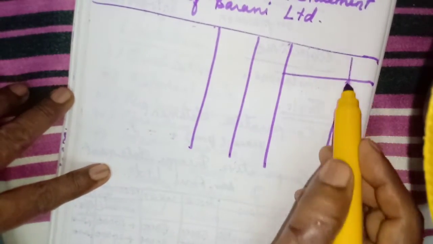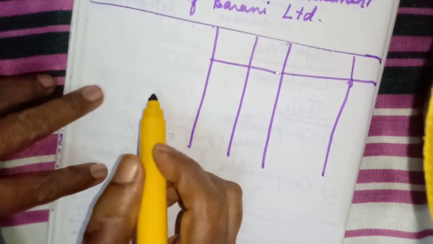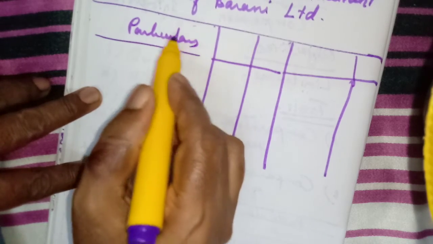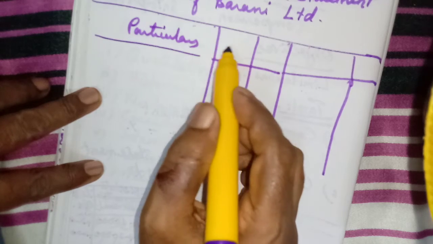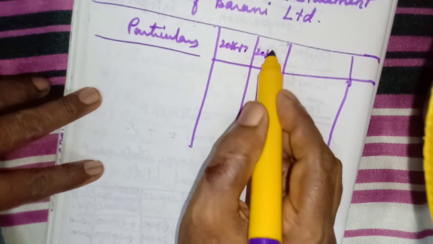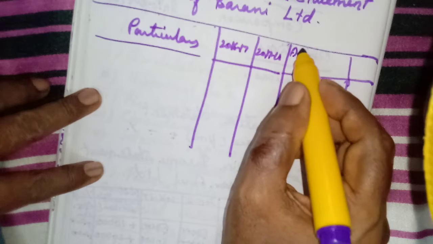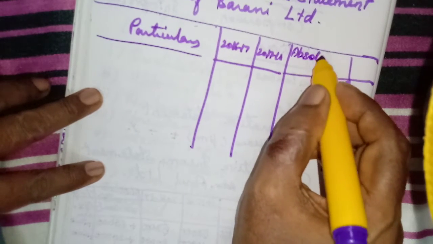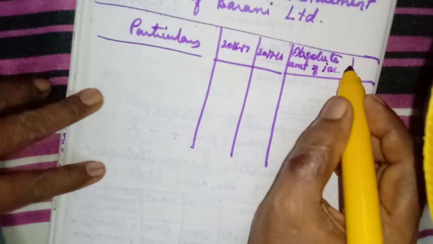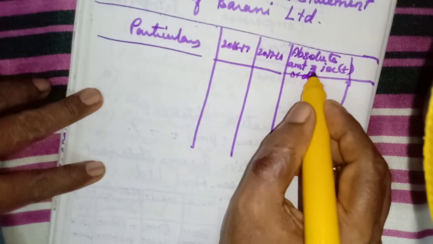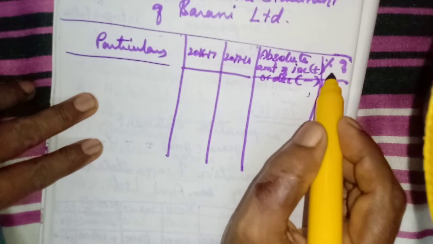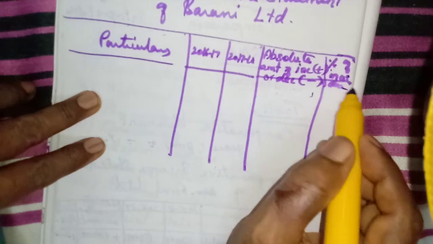Here we need to write particulars, year 2016-17, 2017-18, absolute amount of increase (plus) or decrease (minus), and percentage of increase or decrease.